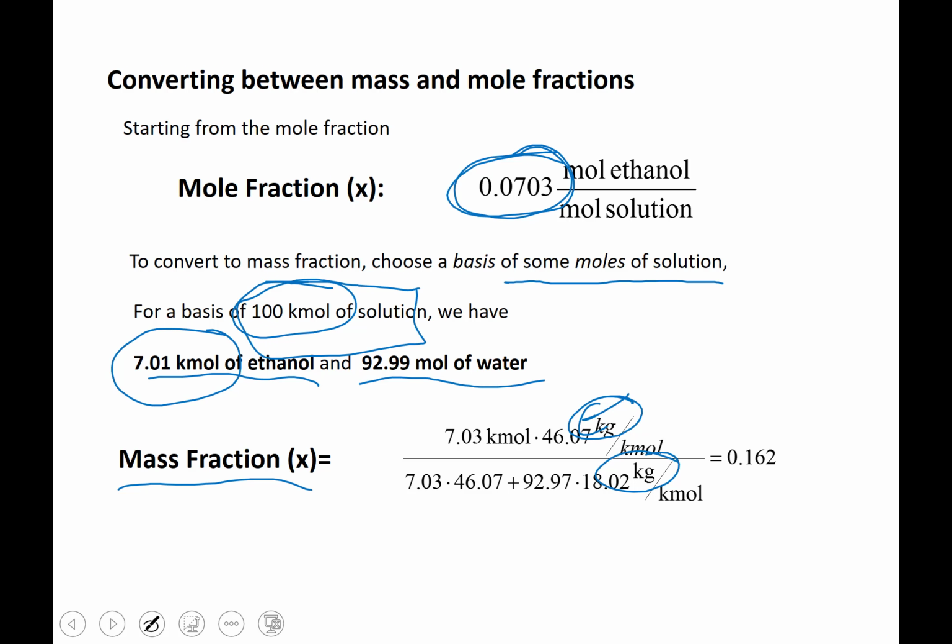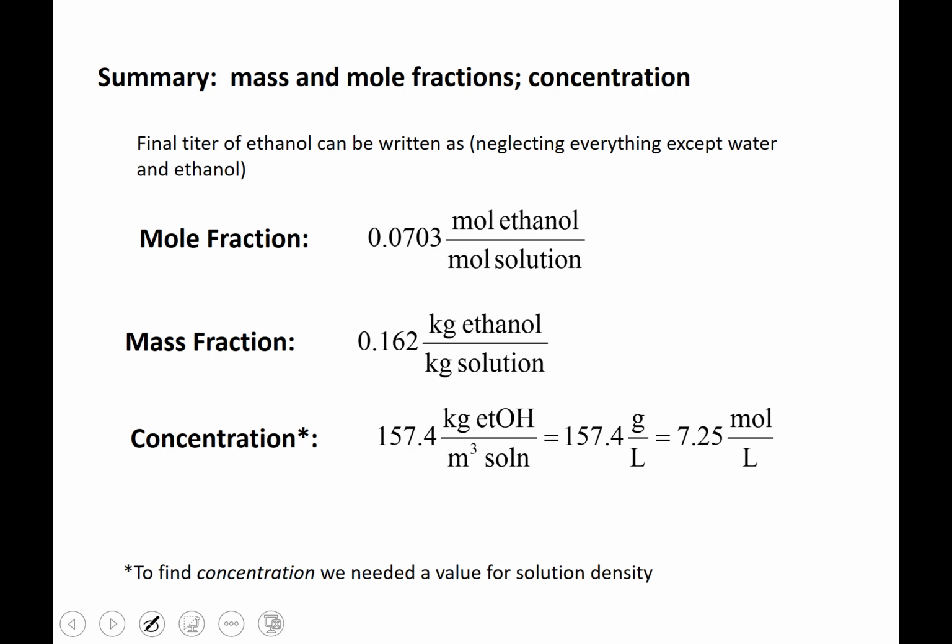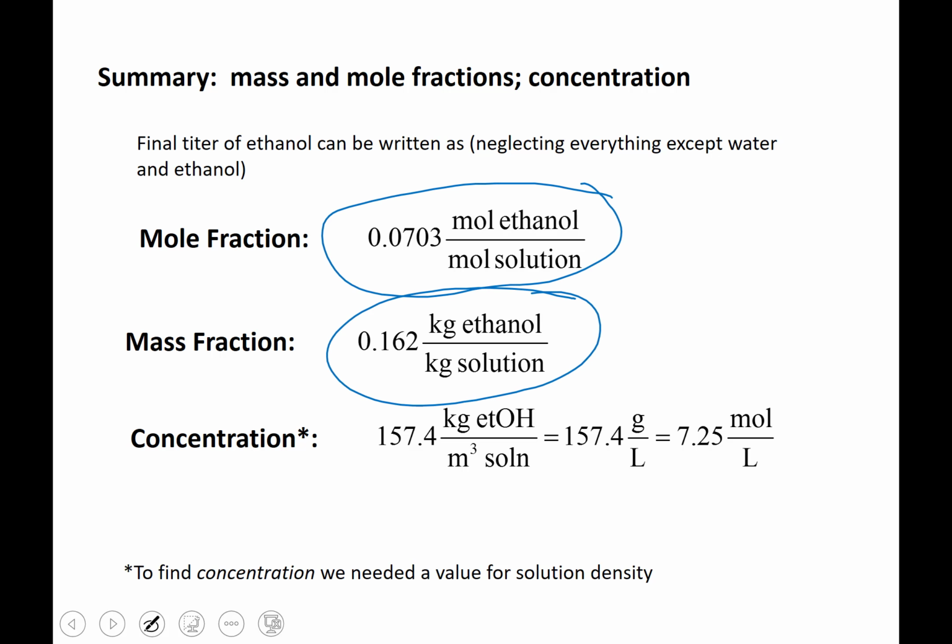So our mass fraction comes back to our original 0.162. Just to summarize, we found the mole fraction, we found the mass fraction, and we calculated the concentration. Again, in order to calculate the concentration, we need to know something about the solution density.